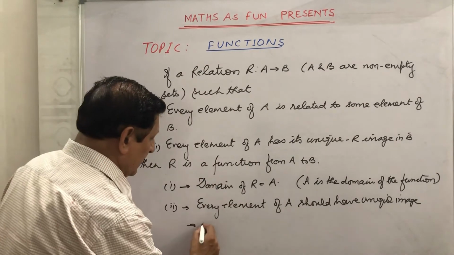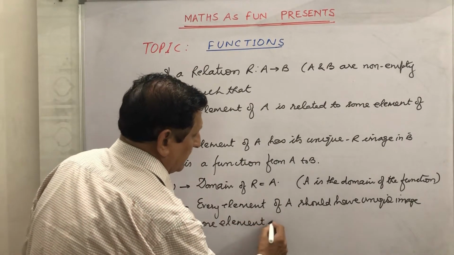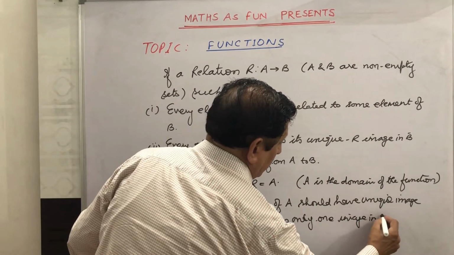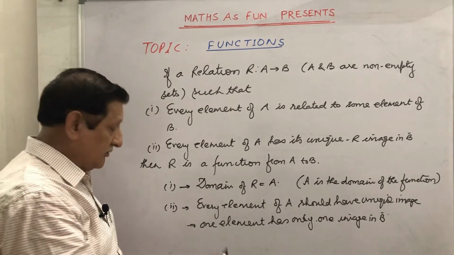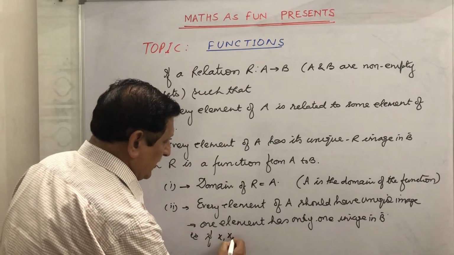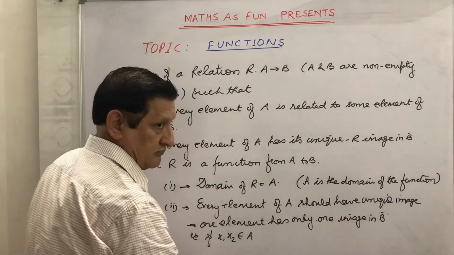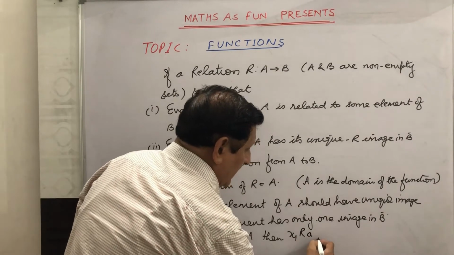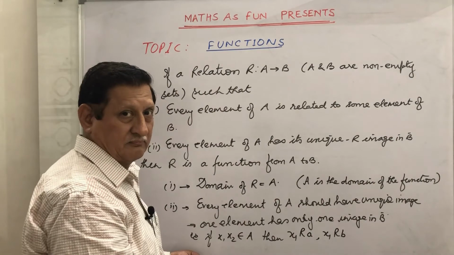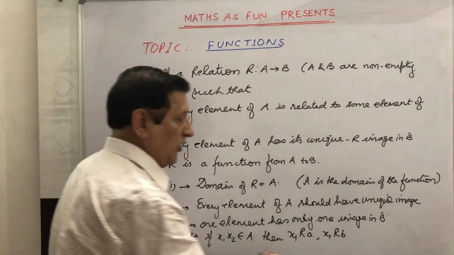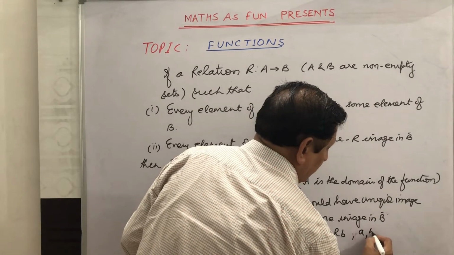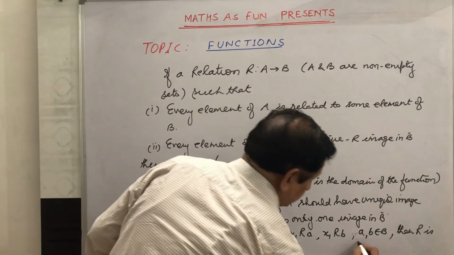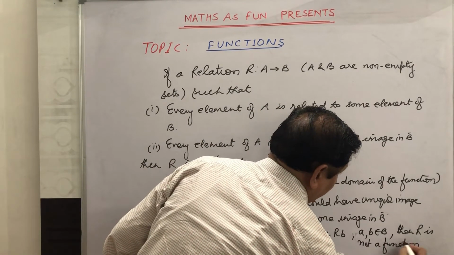Unique image means one element should have only one image in B. That is, if x1, x2 are two elements belonging to A, then if (x1, a) and (x1, b) are in R, meaning element x1 is related to a and b, two elements of B, then R is not a function.